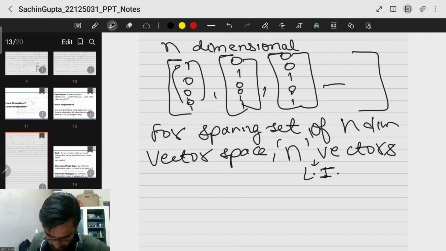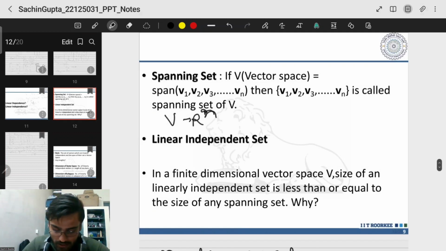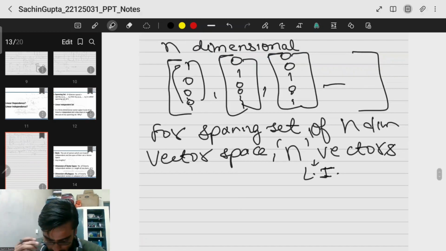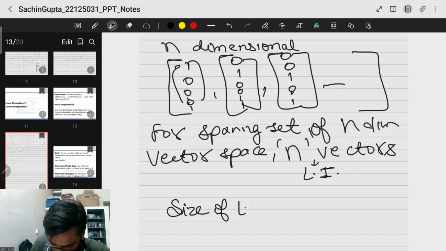Okay, and the other is a linear independent set. It is a collection of vectors which are linear independent. So for an n dimensional vector space, all n are linear independent, but if we take any two of them, then those will also be linear independent. If we take 3 only, then they will also be linear independent. So the size of a linear independent set is less than or equal to the size of a spanning set.